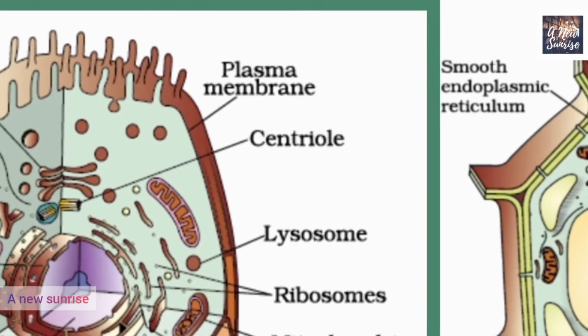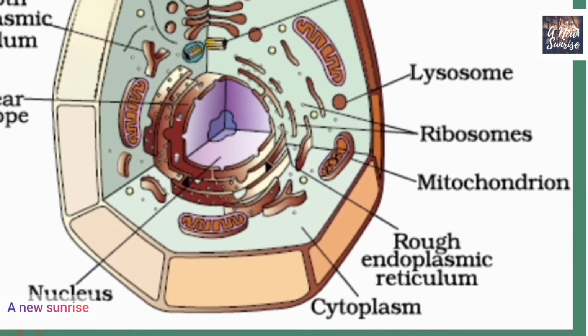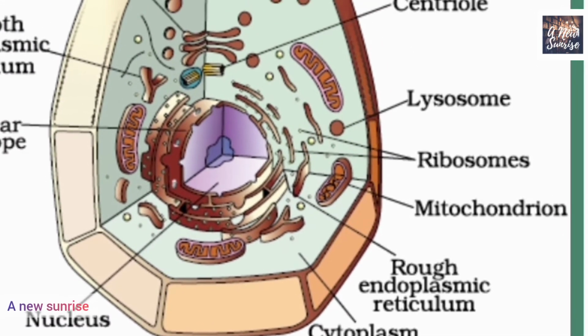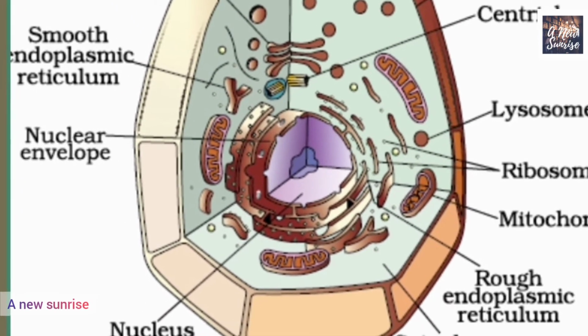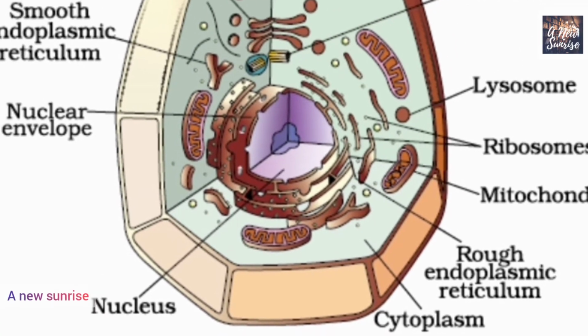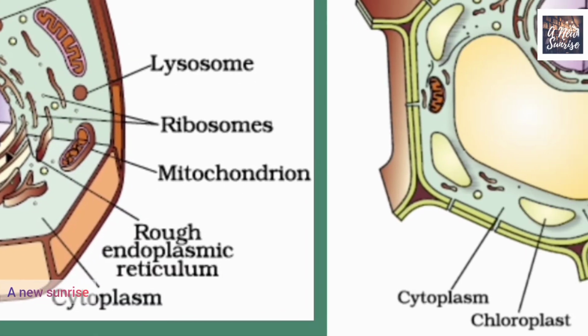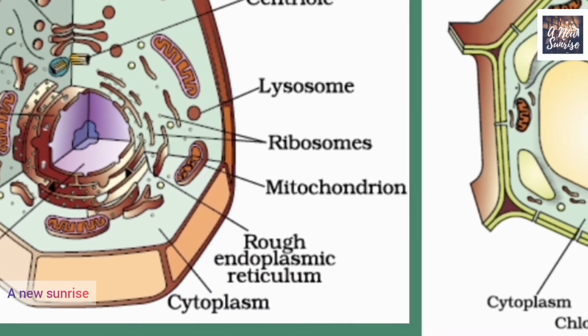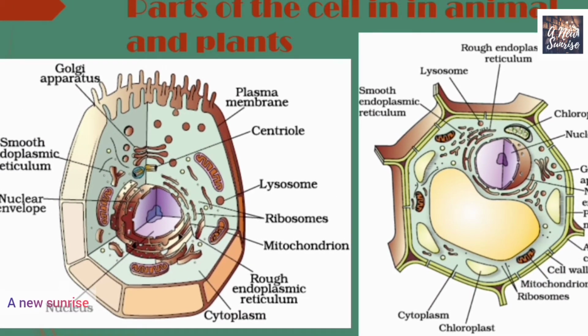It has cytoplasm inside it. It also has a nucleus, a central round dense structure, and a nuclear envelope, which means nuclear membrane. And there are the Golgi apparatus, lysosomes, ribosomes and mitochondrion. These are the organelles. We will study about each of them later in this video.